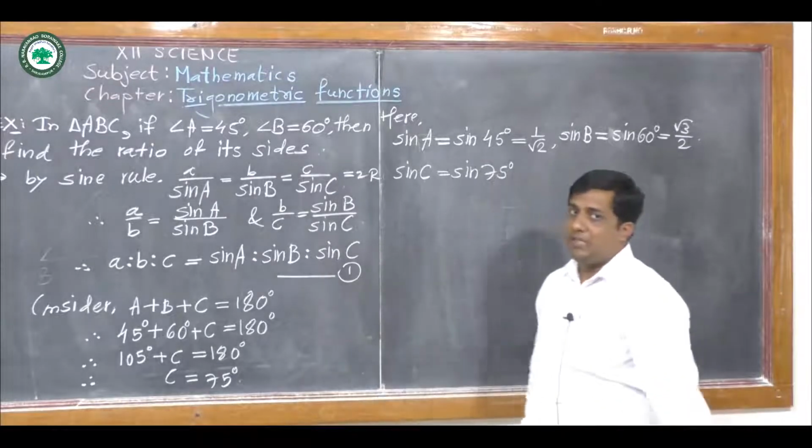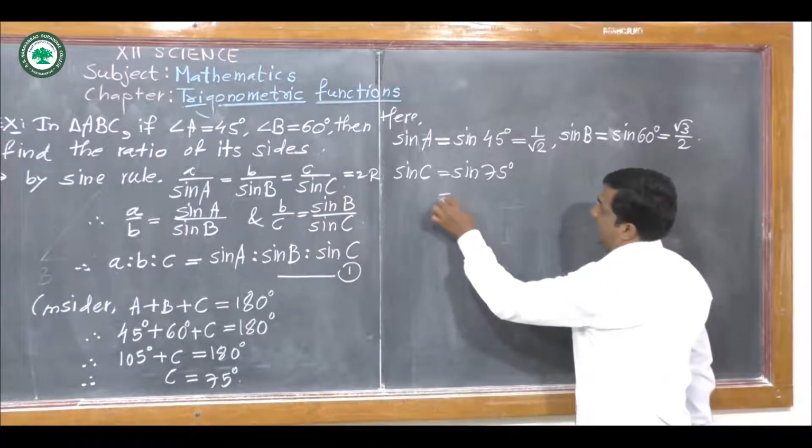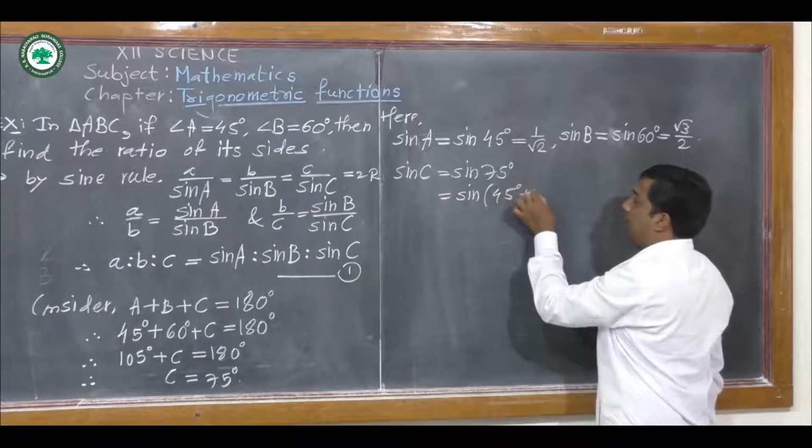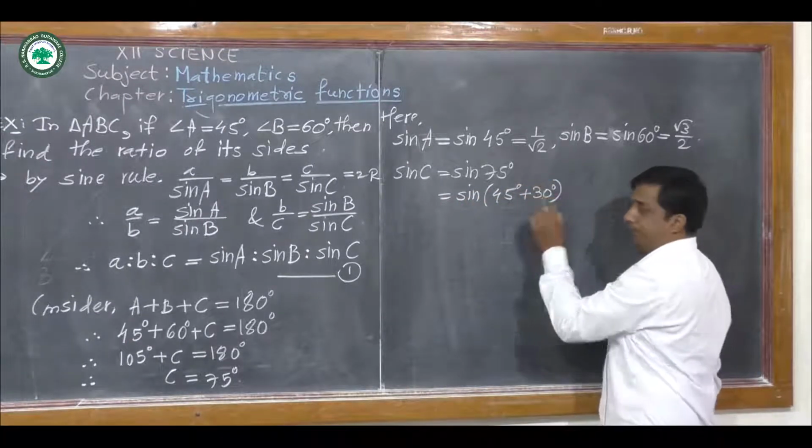By using the compound angle, I write 75 degrees as 45 degrees plus 30 degrees.